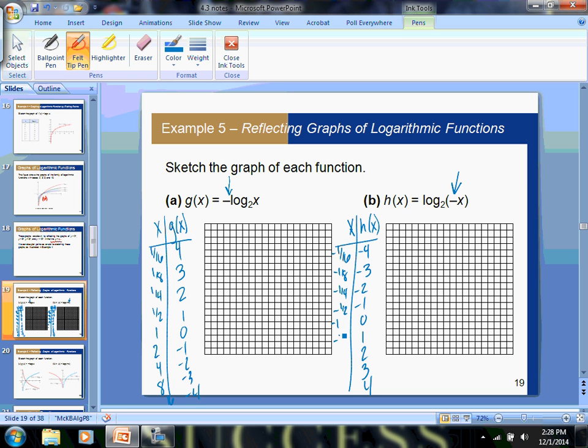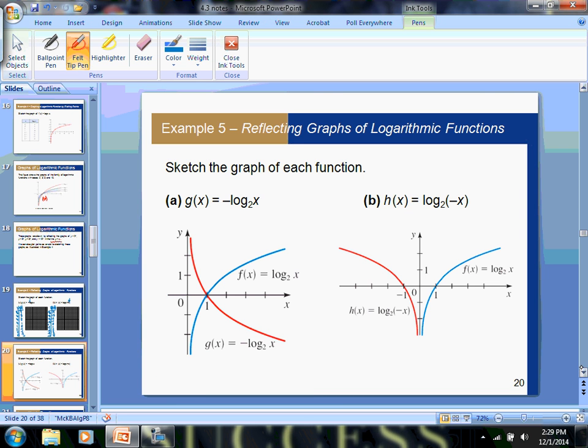So then if we were to graph those functions, the graphs are shown on the next slide here. So this is my original function that we graphed in example 4. And then if I graph my table of values that I listed on the previous slide, I will get this red function. So remember, this negative out front of the whole function changes the y values in my table of values, and then it flips the function upside down, basically.